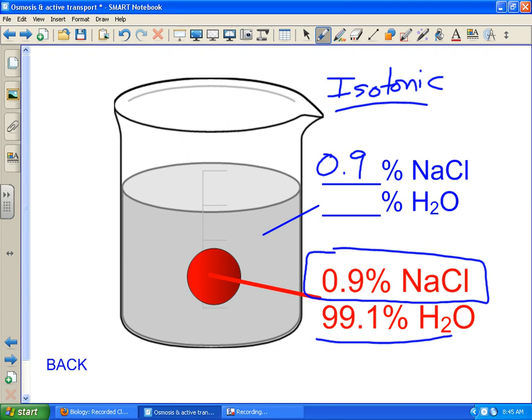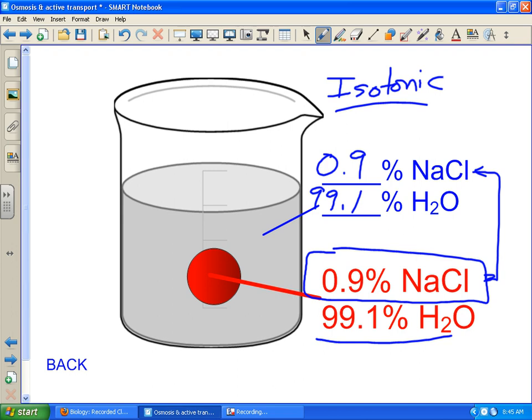So if I have 0.9% salt dissolved inside the cell, if this solution outside the cell is isotonic, I have to have the same value. Okay? So that's isotonic. Well, that also means we have the same concentration of water.